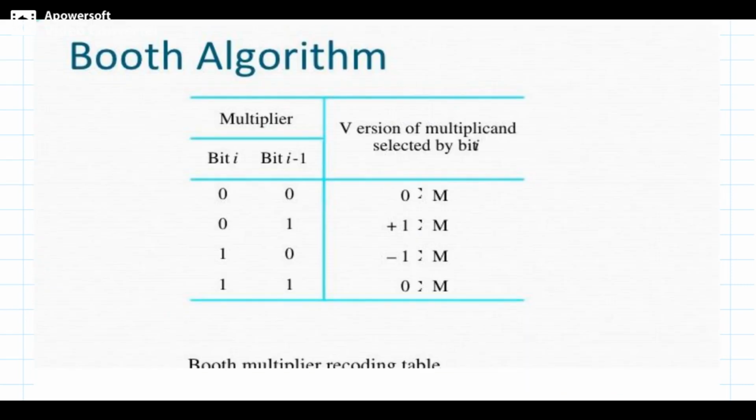The table shows Booth multiplier recoding values. We consider the multiplier Q. If bit i is equal to 0 and bit i minus 1 is equal to 0, the version of multiplicand selected by bit i is 0 into M, that means no addition.